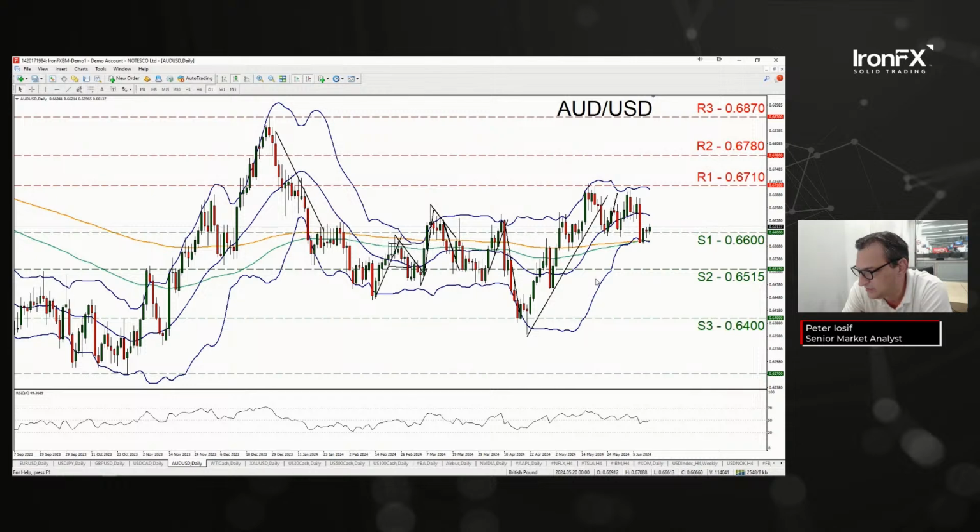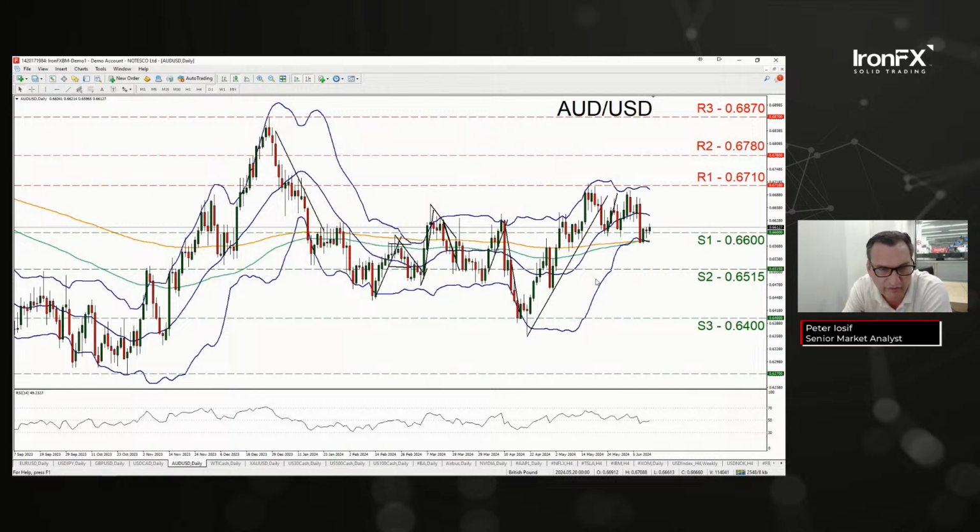On the other hand, on a technical level, I see some hesitancy on behalf of the bulls to actually proceed. And I'm mentioning this because the RSI indicator has reached and remains near the reading of 50, implying a rather indecisive market. So for the time being, the bullish outlook is there, yet is very, very weak.